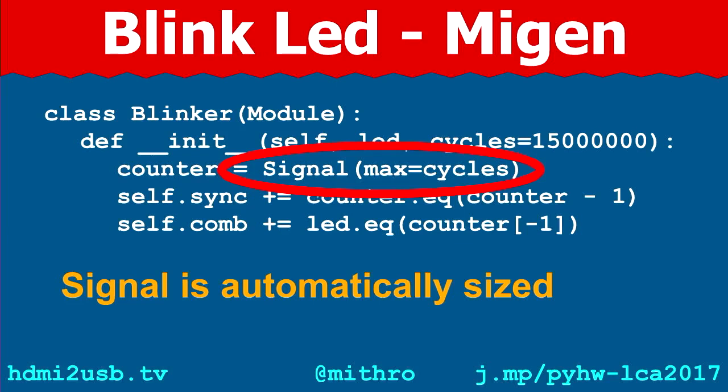We don't have to define max cycles at the time when we're writing. We don't have to decide this thing's going to be 32 bits wide right now. We can decide that it's big enough to fit whatever value we pass in to this. And so if we pass in something other than the default 15 followed by a bunch of zeros, that signal will automatically shrink or grow depending on the value we want. And so that's really powerful.